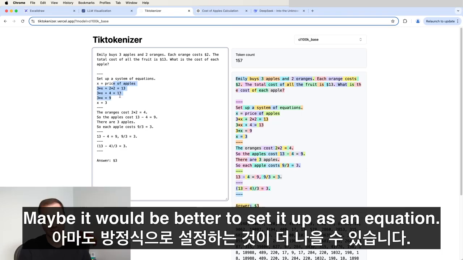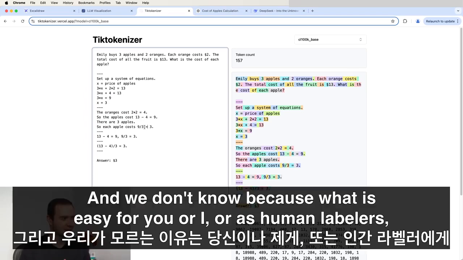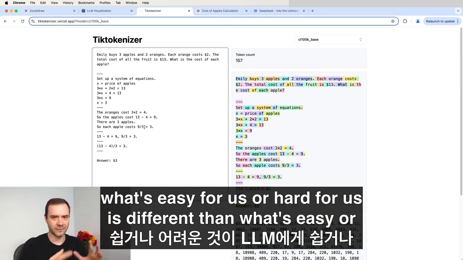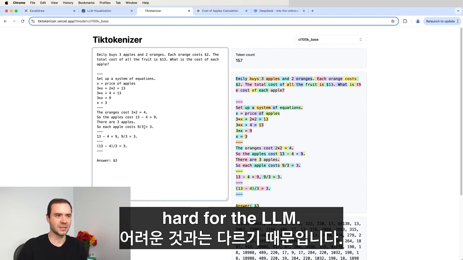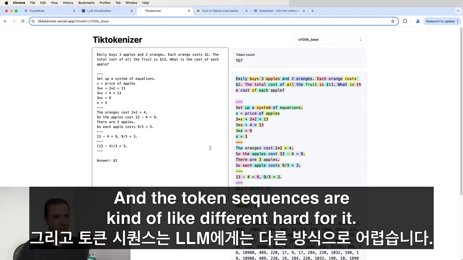So maybe it would work better to spread it out more. Maybe it would be better to set it up as an equation. Maybe it would be better to talk through it. We fundamentally don't know, and we don't know because what is easy or hard for you or I, as human labelers, is different than what's easy or hard for the LLM. Its cognition is different. And the token sequences are different hard for it.